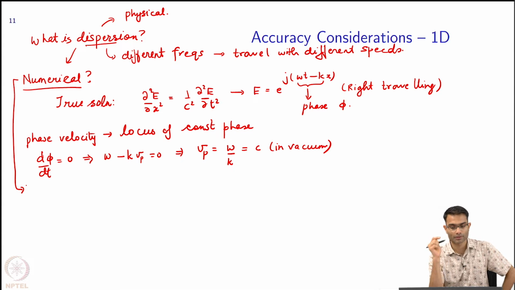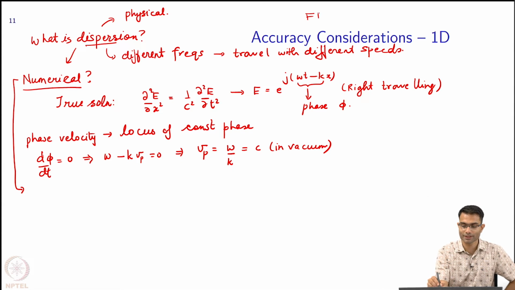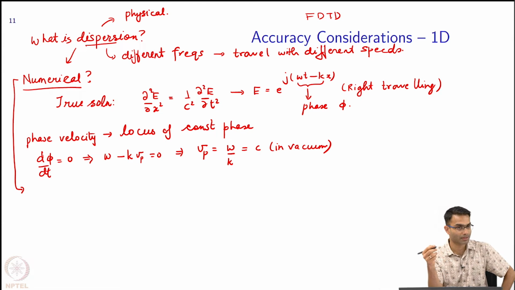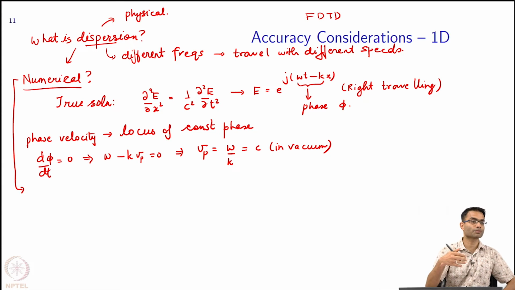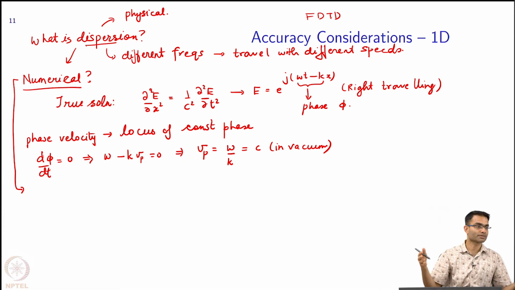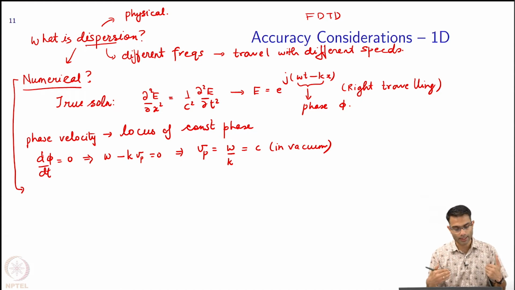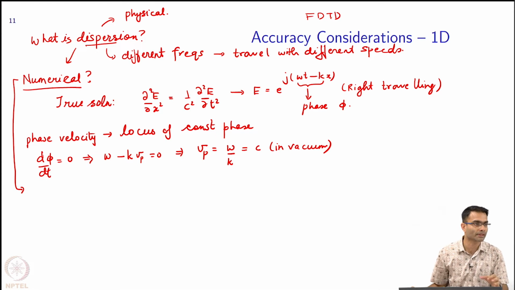Correct. I mean this method that we are studying is FDTD, right. So, we have finite differences in time and space and we have a second derivative. So, how should we approximate these things? We should approximate the second derivatives by finite differences and see what kind of relation results from it. Okay. Then we can, for example, in that condition look at the locus of constant phase and see is it speed of light or is it something else. Okay.